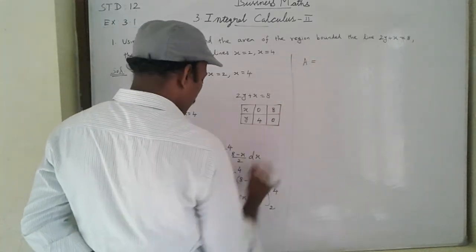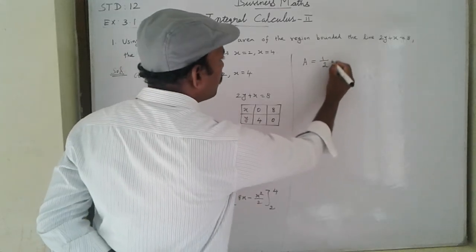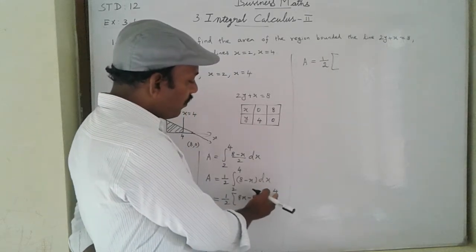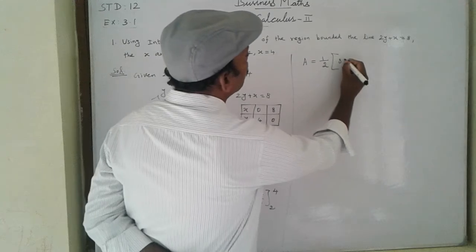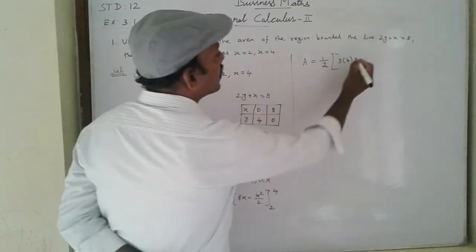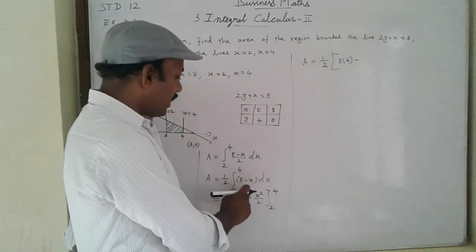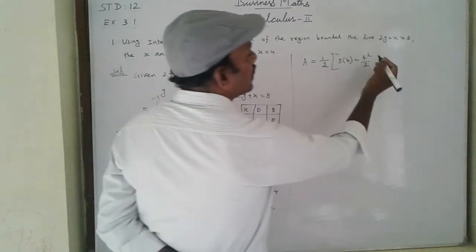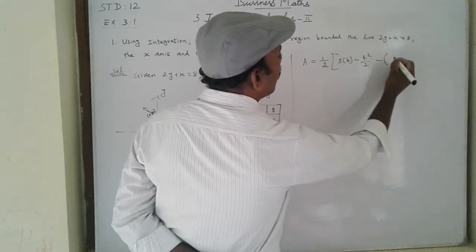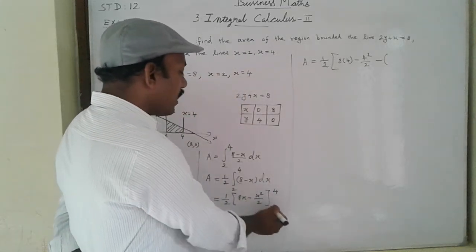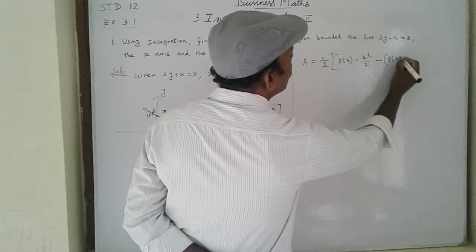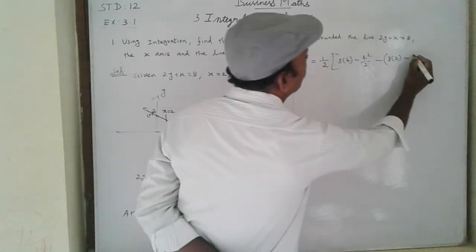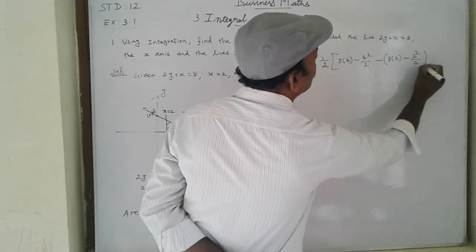Area A equal to 1 by 2. In 8x we should substitute the limit. First limit is 4: 8 into 4 minus 4 square divided by 2. Next, substitute the second limit, then minus, with a bracket: 8 into 2 minus 2 square divided by 2.